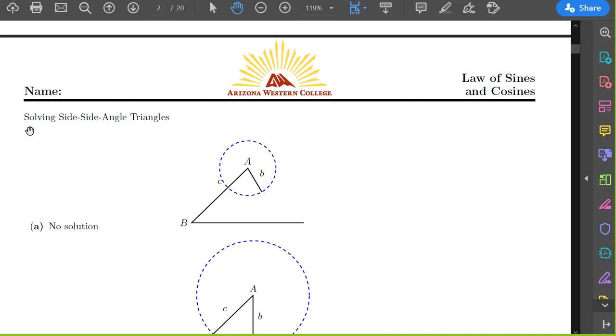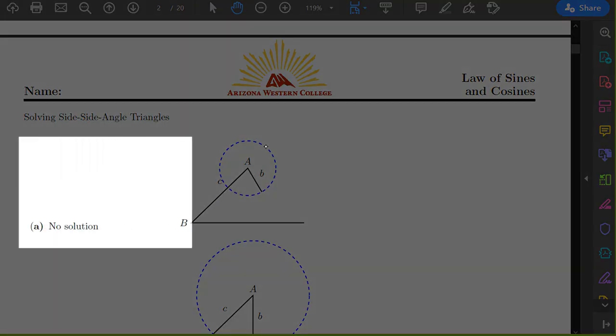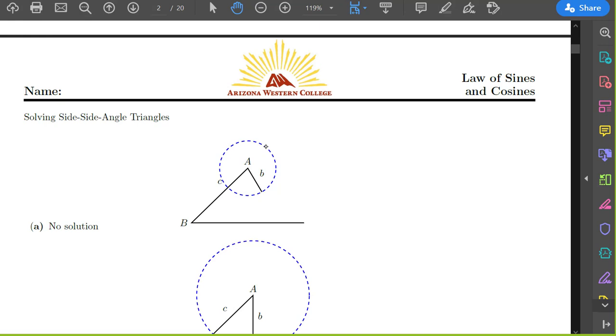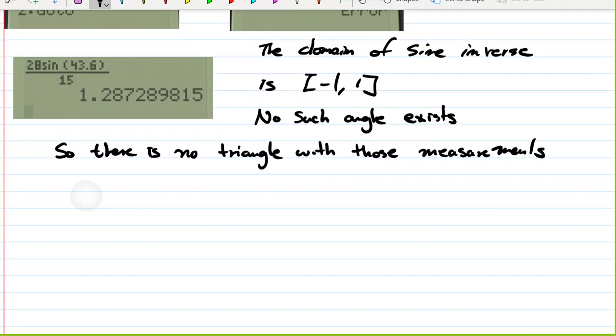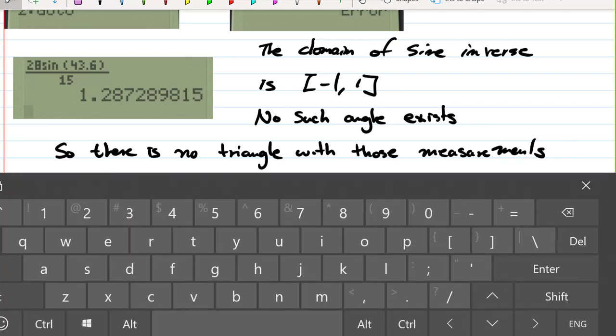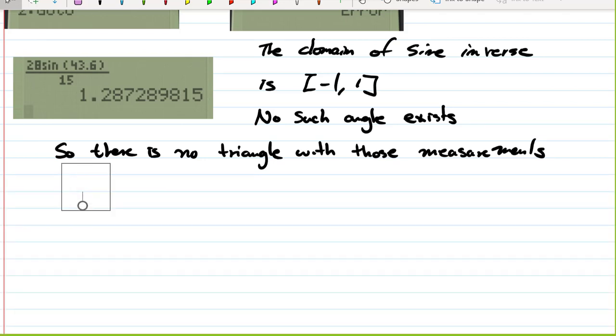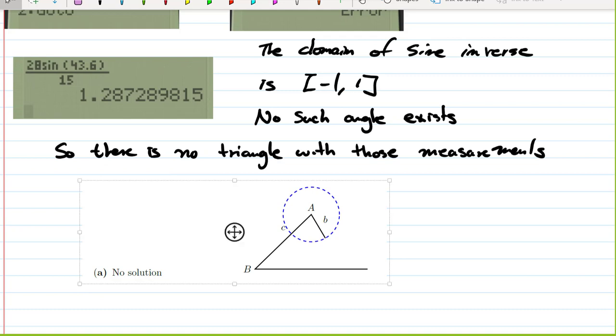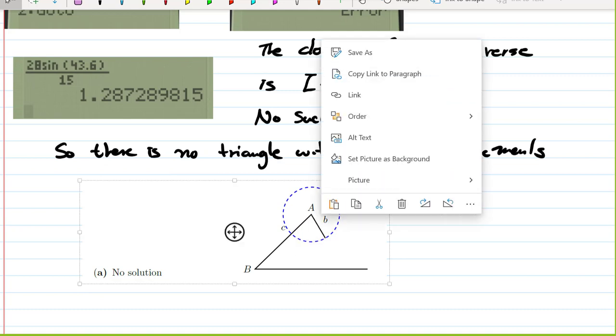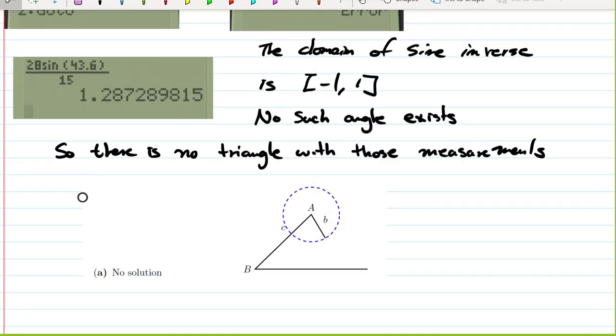So side B was just too short and couldn't reach down to side A. So in this case, we had no solution, and that can happen. So when you're doing your homeworks, that will be a choice that there is no solution. So if we ever end up with something like this where we have a domain error, it means that such an angle does not exist.